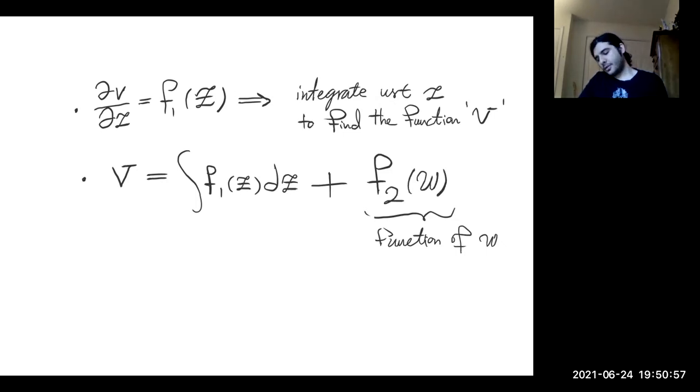Because if you go back, if you take the derivative with respect to z, v would go to the derivative of v with respect to z. This one would go to f1 of z, and this one, because it doesn't have any z, would be 0, right? So this makes sense. Great.